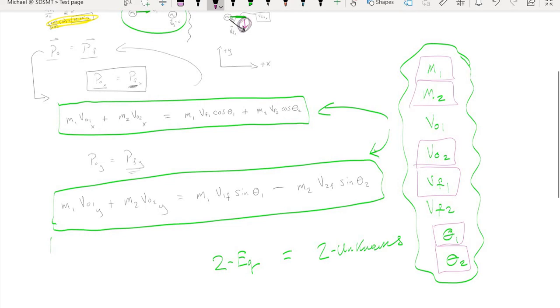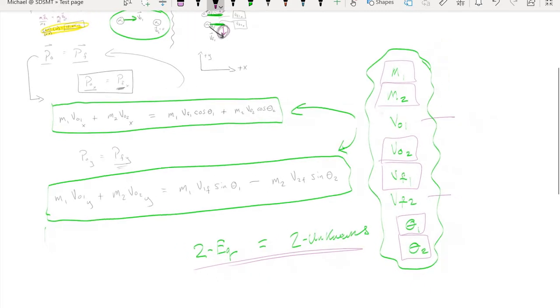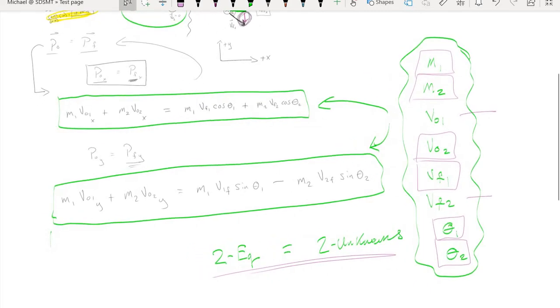So if I gave you mass 1 and mass 2, if I gave you the initial velocity of mass 2, the final velocity of mass 1, and the final angles for mass 1 and mass 2, could you tell me the initial velocity of mass 1 and the final velocity of mass 2? And, well, those are 2 unknowns. We have 2 equations. Yeah, that can be done. I just can't do that in my head and expect this to turn out right.